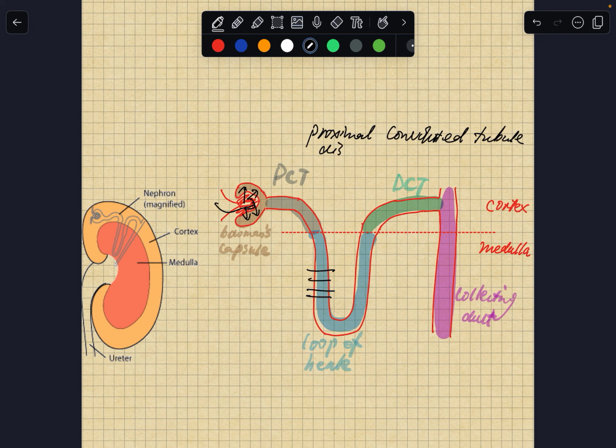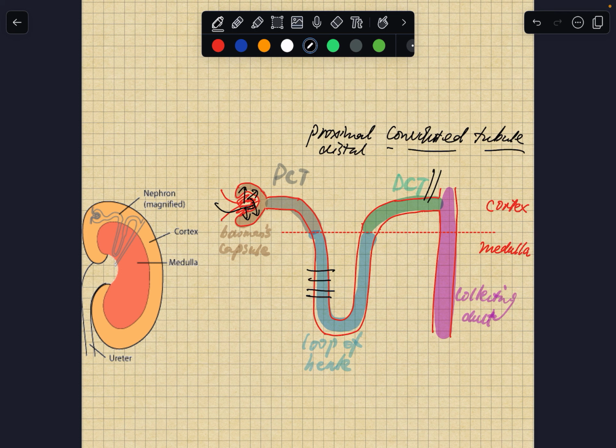DCT is the distal convoluted tubule, okay? So the DCT also reabsorbs ions like sodium, calcium, magnesium, and it also reabsorbs water, right? But one interesting fact about the DCT is that some toxins that didn't get filtered into Bowman's capsule from the get-go will actually be dumped into the DCT, like urea or protons.